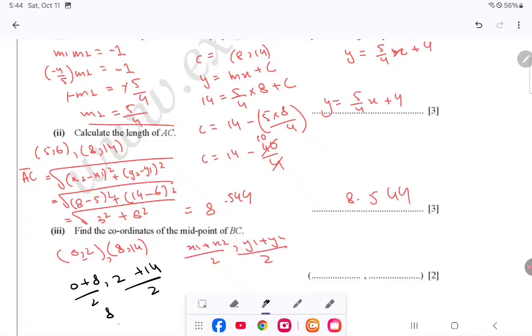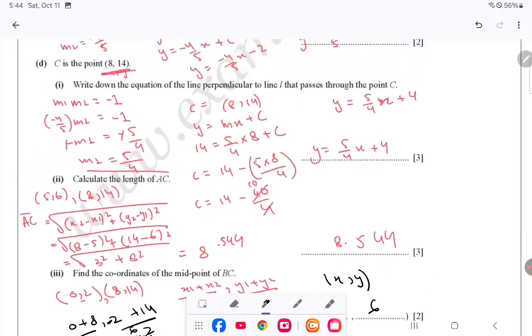That gives 8 over 2, comma, 12 over 2, so we are left with (4, 6), which is the midpoint of line B and C. So this is the part 3 of D.